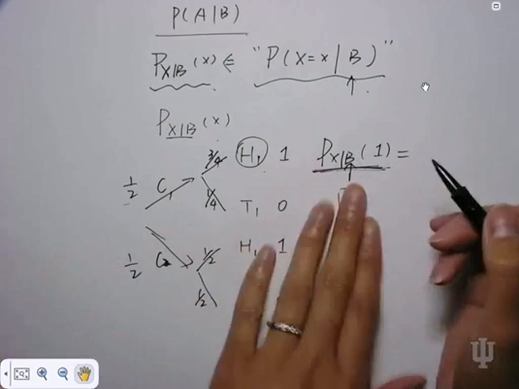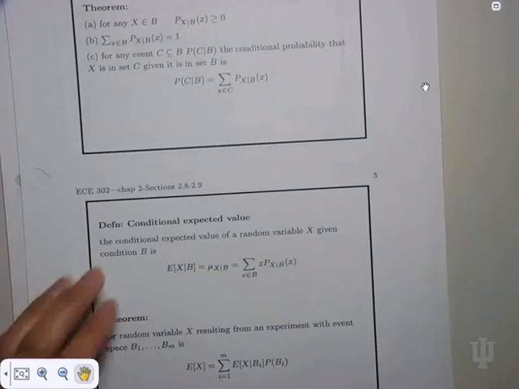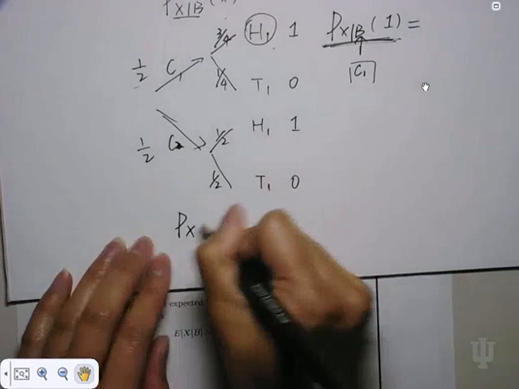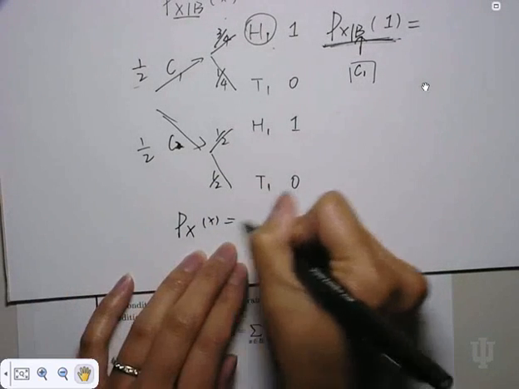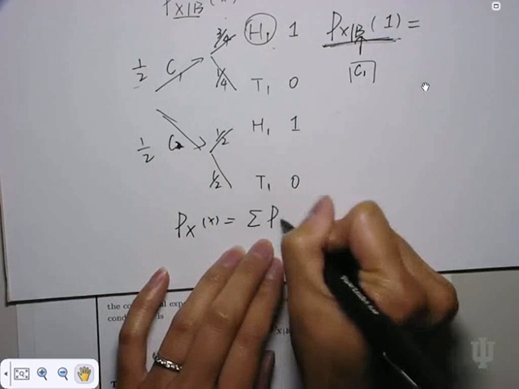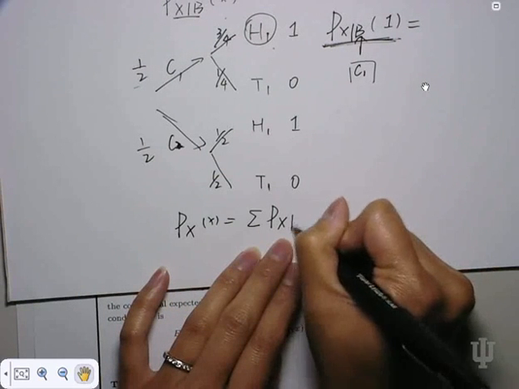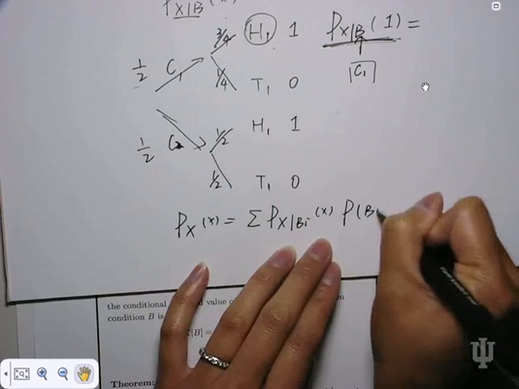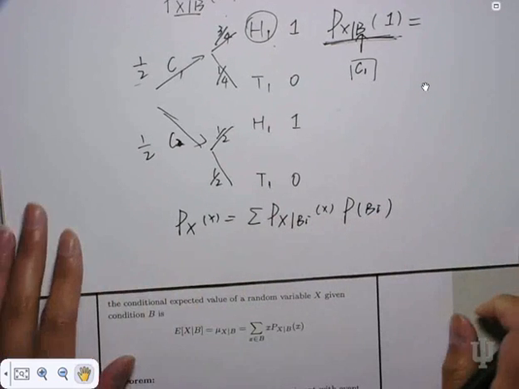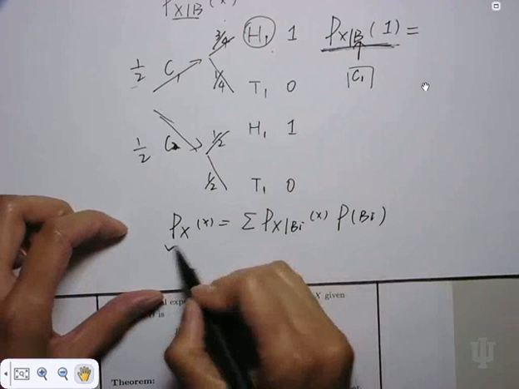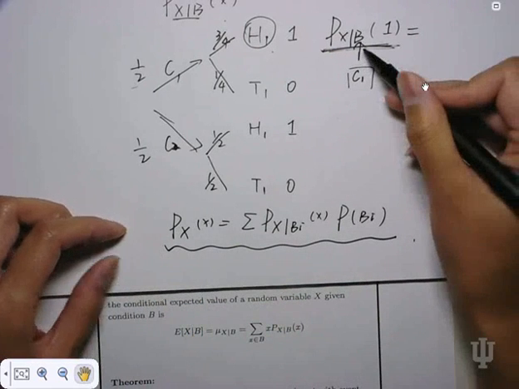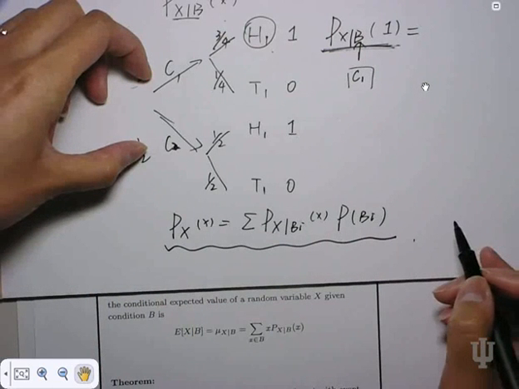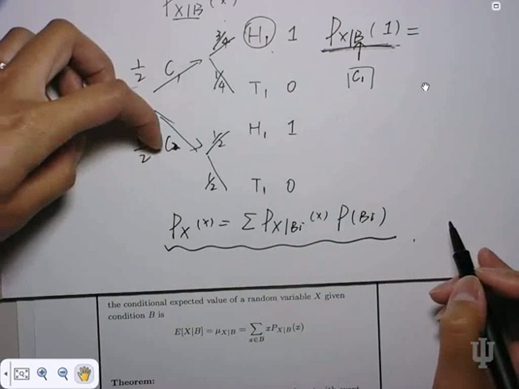And another word which will be very similar to you is P of X. This is in your slides. You can just read after this. This is using C1, but I have two different cases. I can use the first coin or the second coin, right?